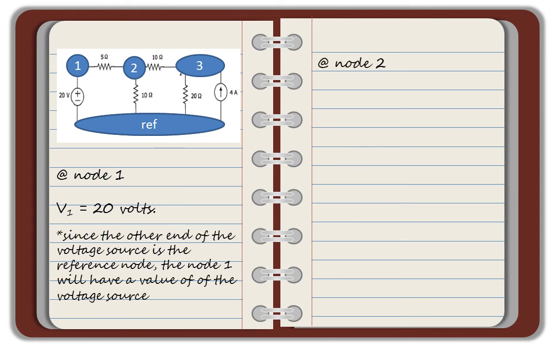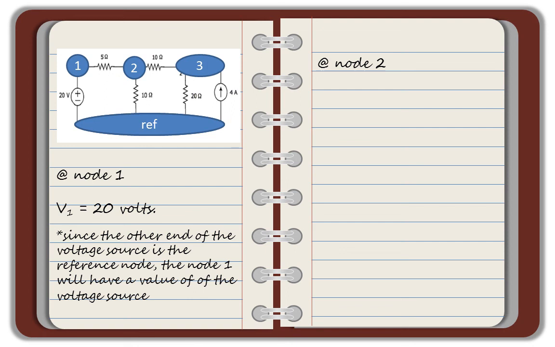Since the other end of the voltage source is the reference node, node 1 will have the value of the voltage source, even though there is a resistance or another element connected to that node. Automatically, node 1 will be equal to the value of the voltage source.